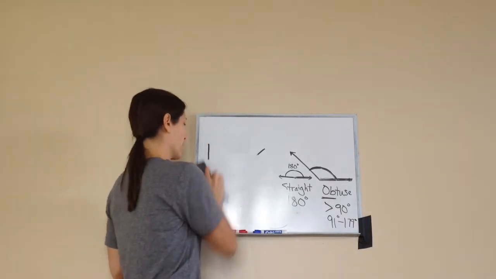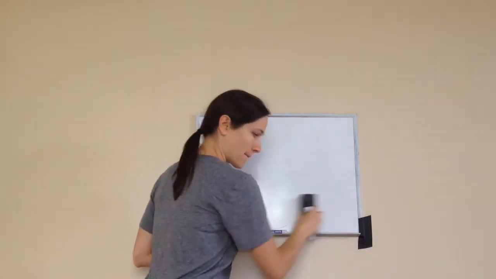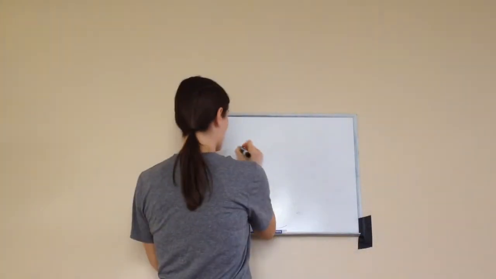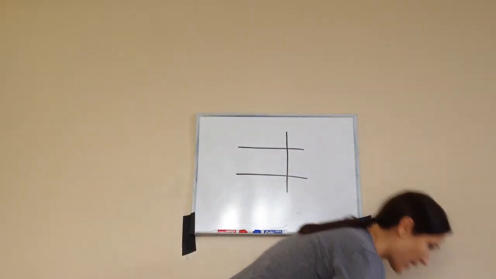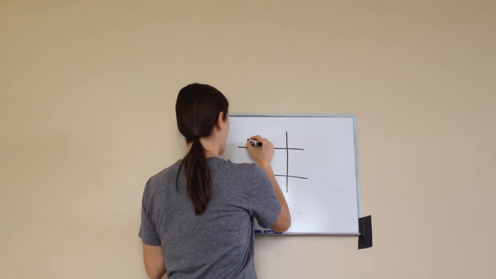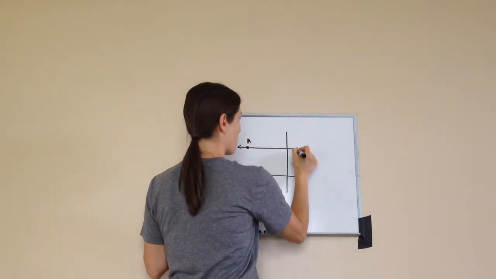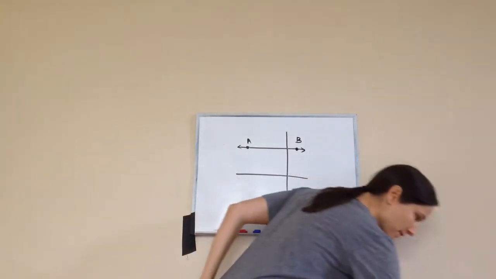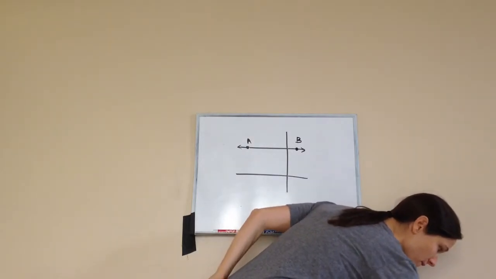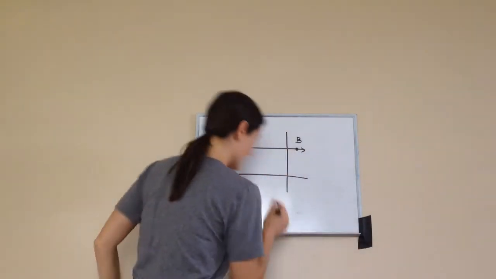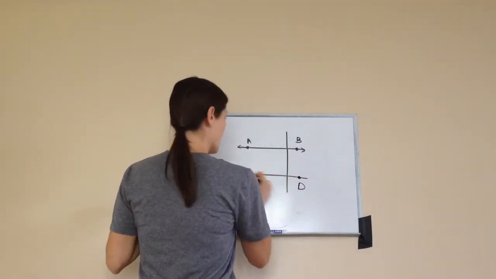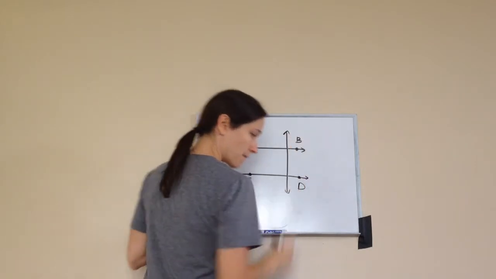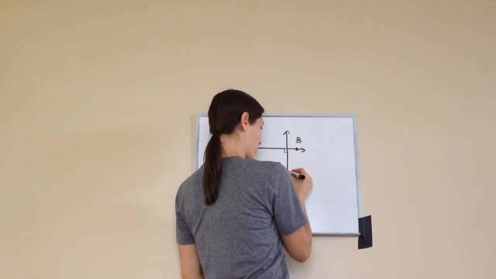All right, last thing on this lesson, I'm going to draw a few figures, and I want you to help me figure it out. I've got A, B, C, and D. Again, these are showing that we have perfect square corners.